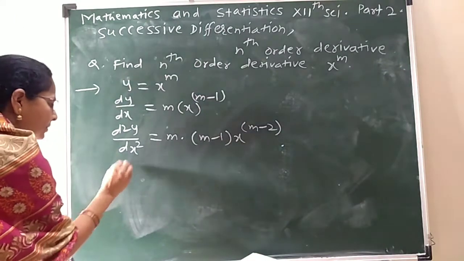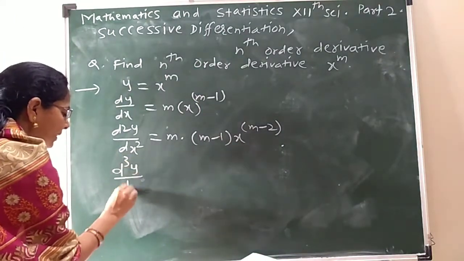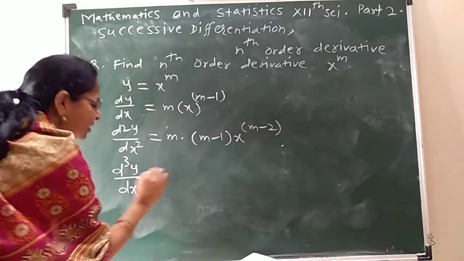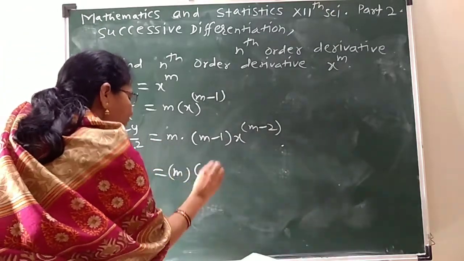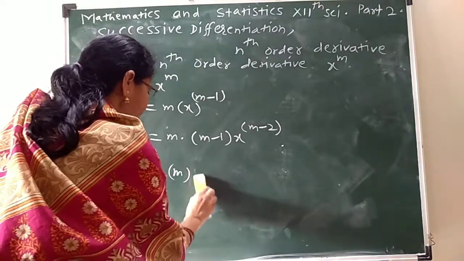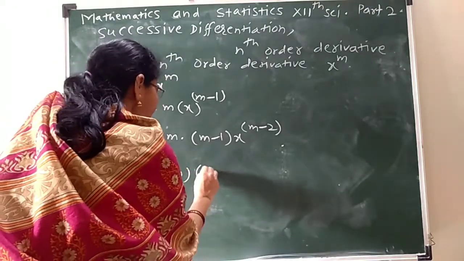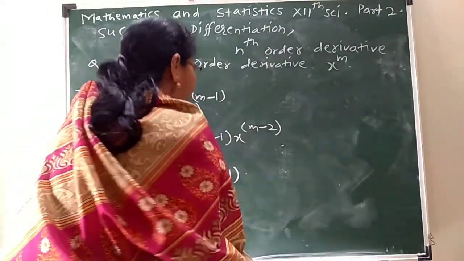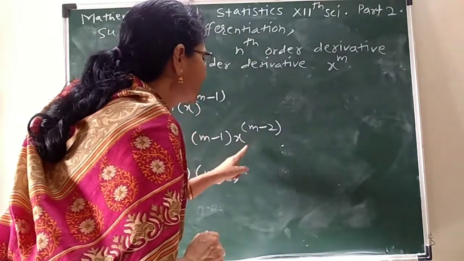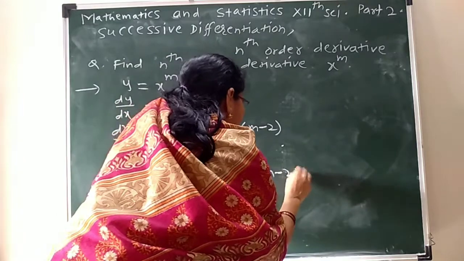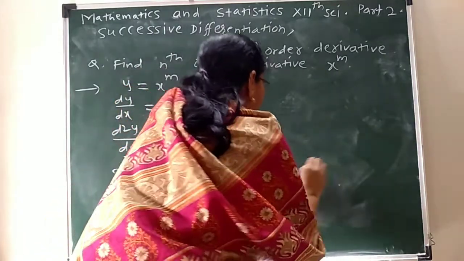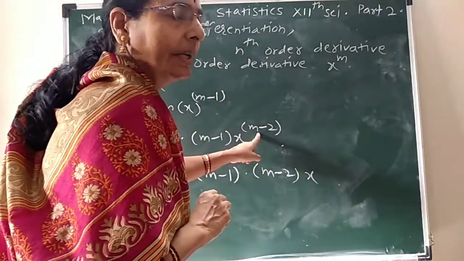Third order derivative d3y by dx3: m constant, m minus 1 constant. Derivative of this term is m minus 2 x raised to m minus 2 minus 1, m minus 3.